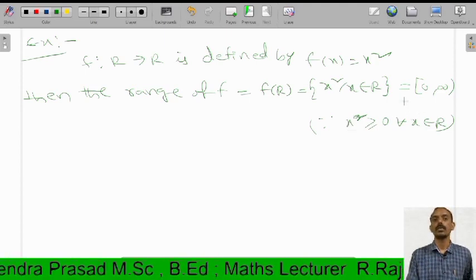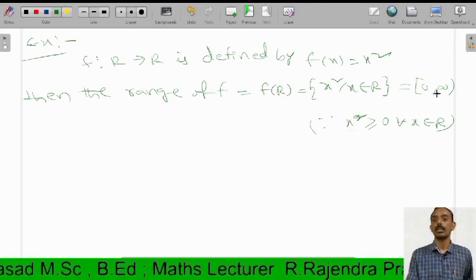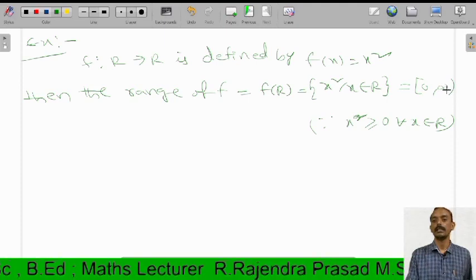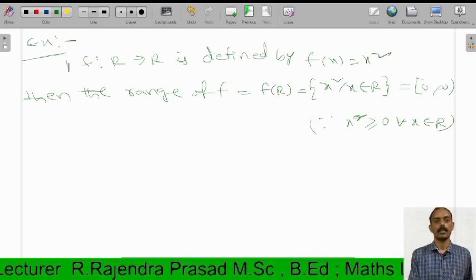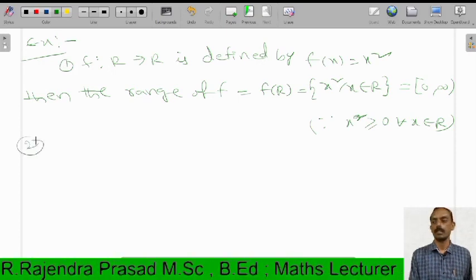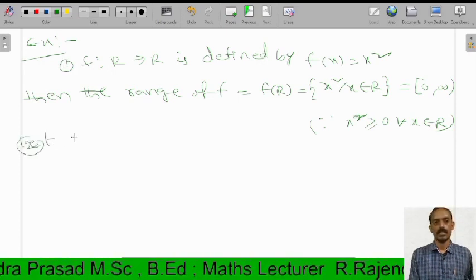Therefore, the range of f equals the closed interval 0 comma infinity. This is the first one. Next, the second one.